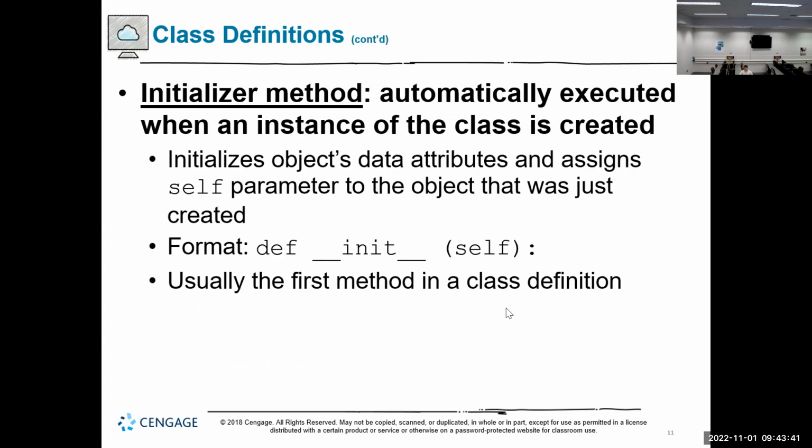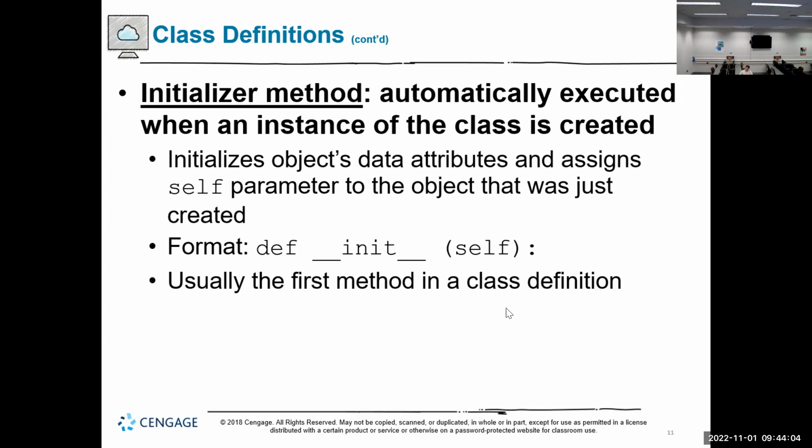Now you also have the initializer method. The initializer method automatically executes when an instance of the class is created. So whenever you generate an instance, it always executes the initializer method. It should initialize the object's data attributes and assign the set parameters to the object that was just created.